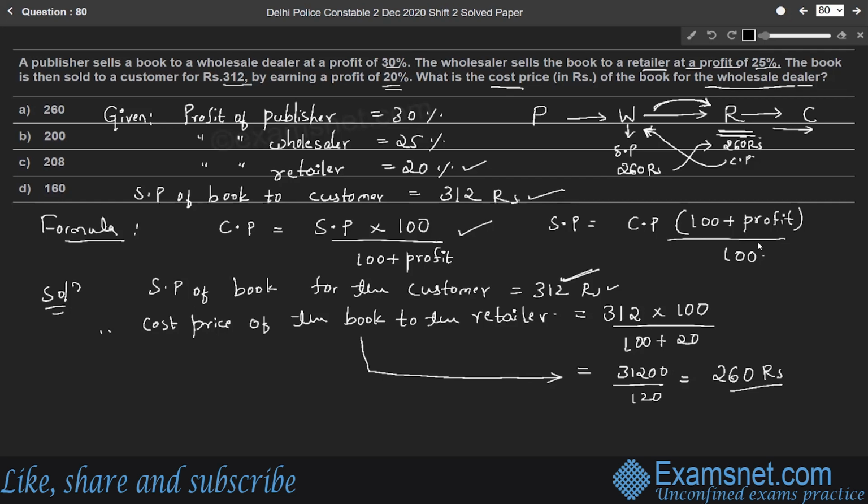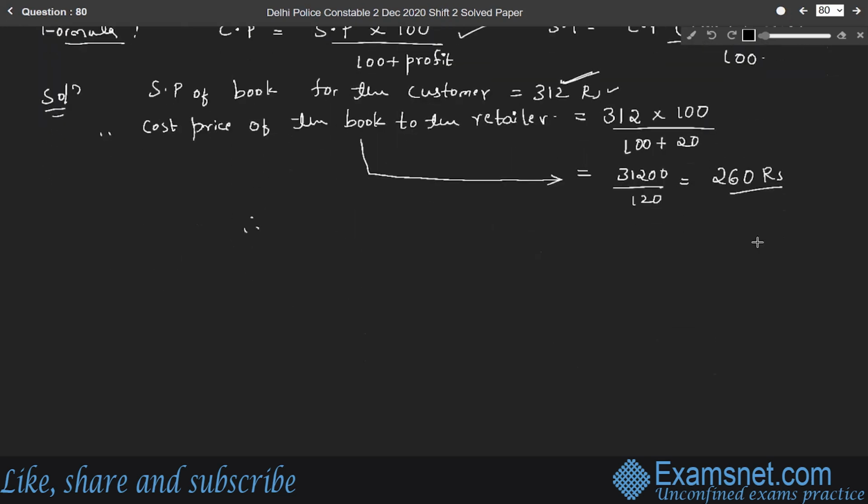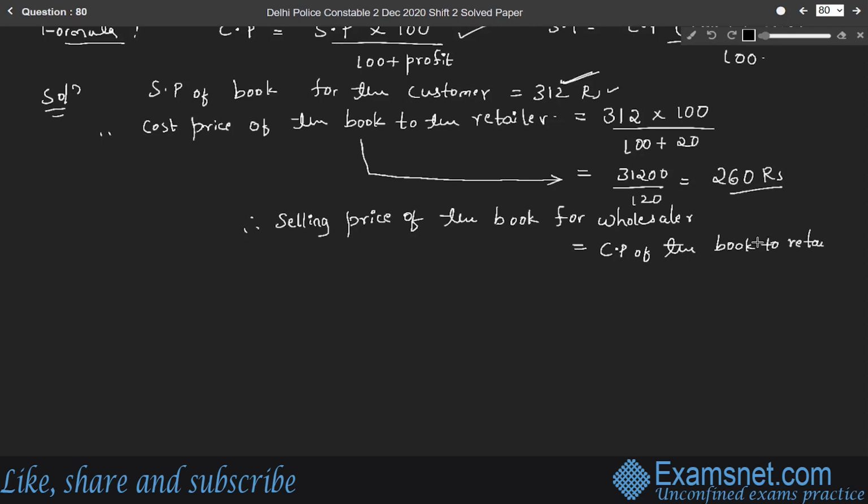So here, therefore, the selling price of the book for the wholesaler is equal to the cost price of the book to the retailer, right? Which is equal to 260 rupees.